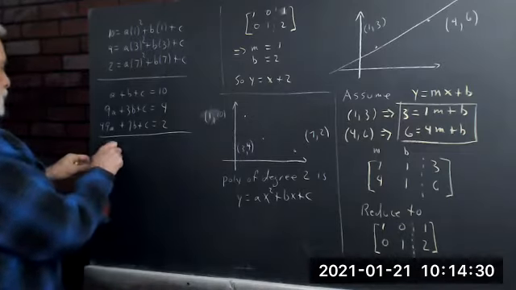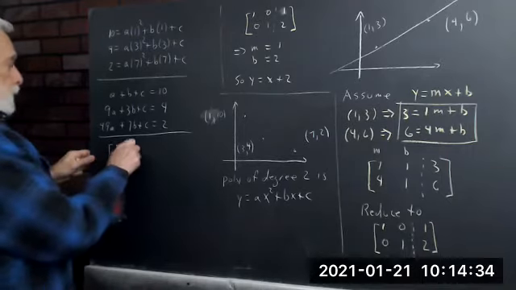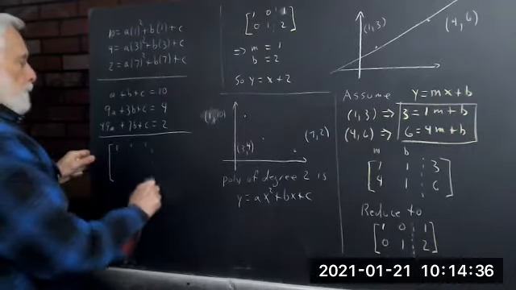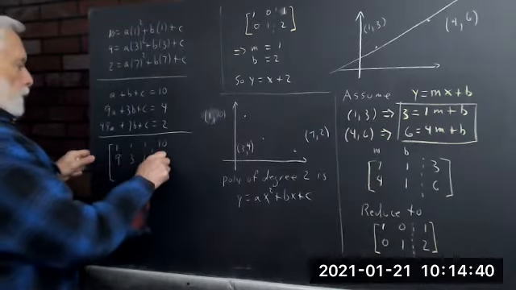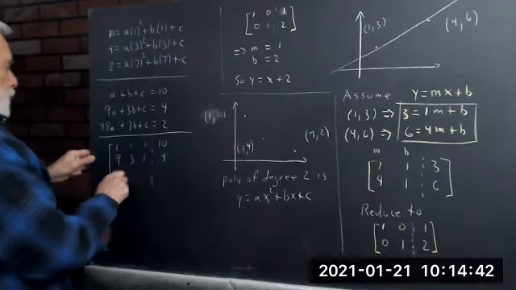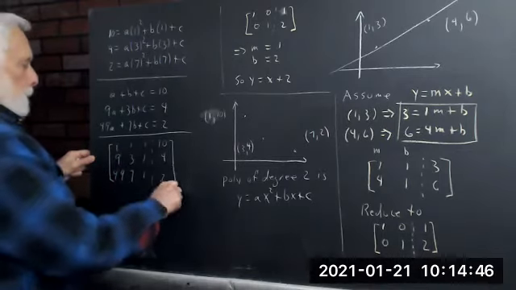But what we're going to do now is just write this as a matrix equation: 1, 1, 1, 10; 9, 3, 1, 4; 49, 7, 1, 2.